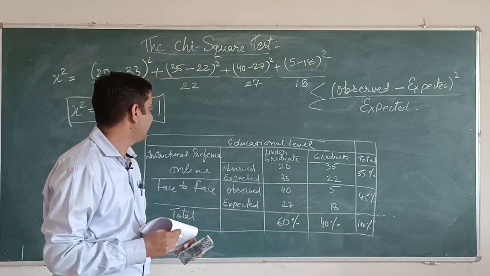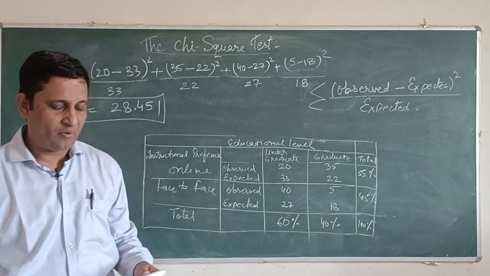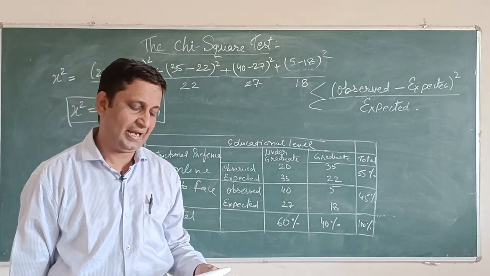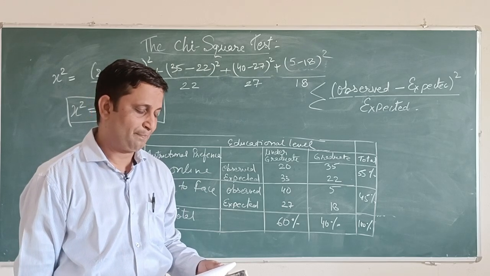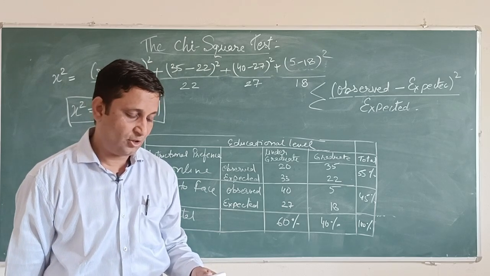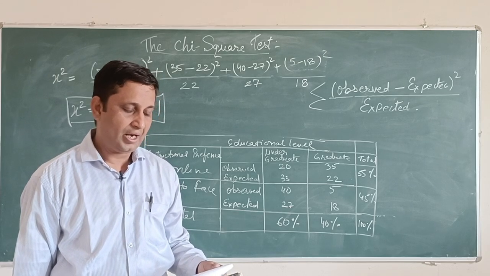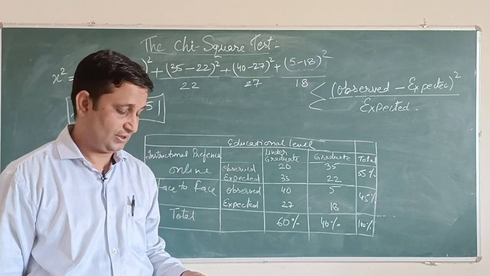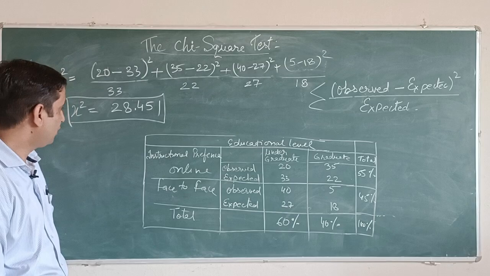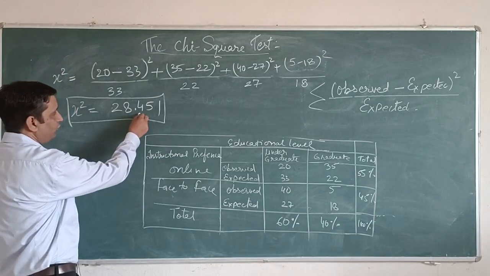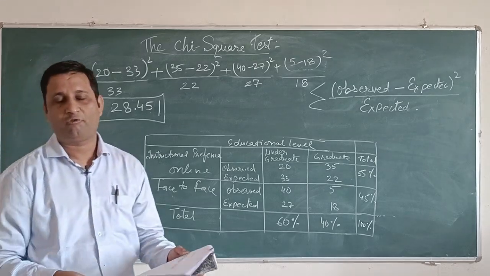From this value, we can say that the above example shows the observed and expected values for the example problem. If these values are entered into the formula for the chi-square test statistic, the value obtained is 28.451.